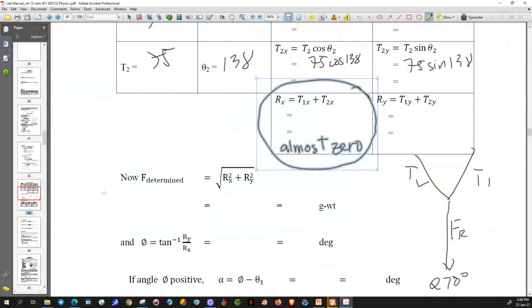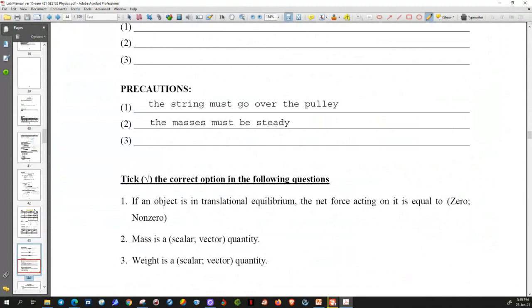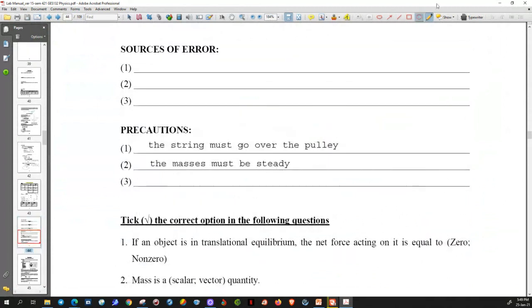That's why in your lab report, at the end, you will write the source of error and the precaution. What's the source of error here? You can write there is friction in the system, or you can say there is friction in the pulleys.